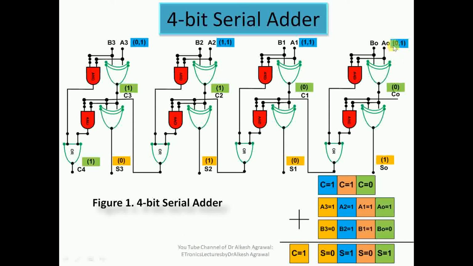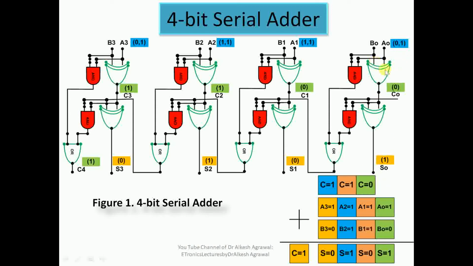So when we add 1 plus 1 plus 0, you can verify from here, the sum will be 0 and the carry forwarded to the next stage will be 1. How does it come out?